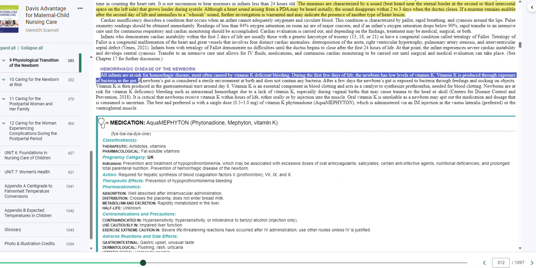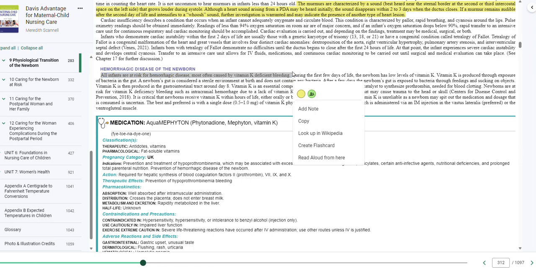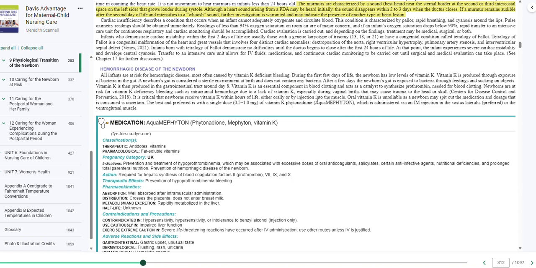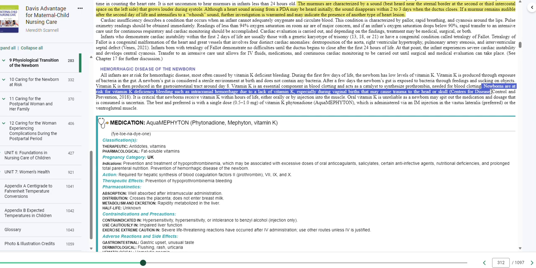All babies are at risk for hemorrhagic disease, most often caused by vitamin K deficient bleeding. Babies are at risk for problems such as intracranial hemorrhage because of this lack of vitamin K, especially during vaginal births that can cause head trauma to the skull.